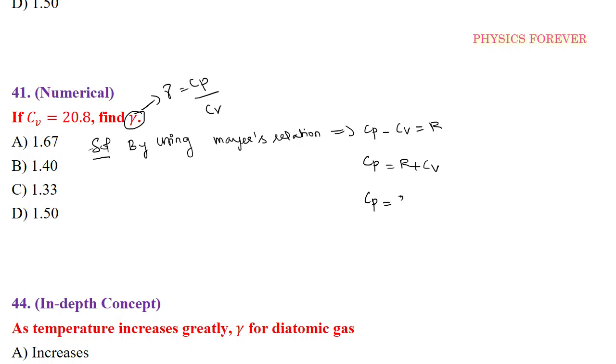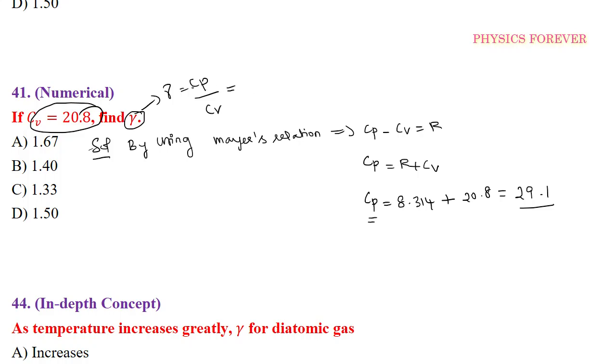What is the gas constant value? 8.314 plus the Cv value given in the question, 20.8. Adding them, we get 29.1. So the Cp value is 29.1.